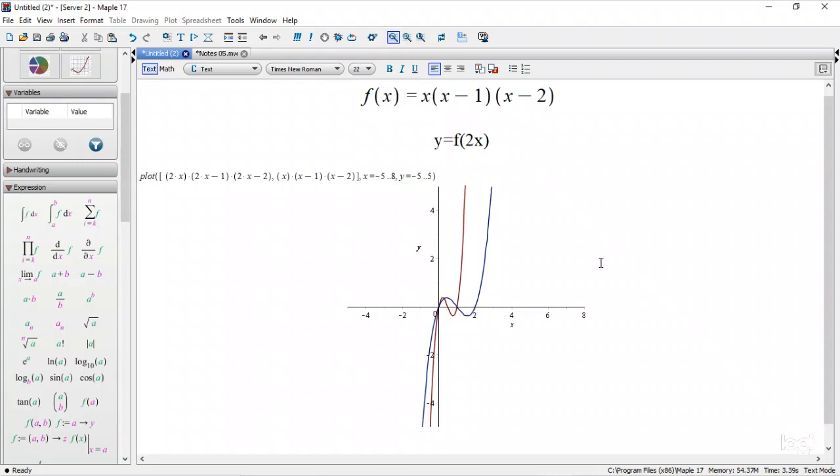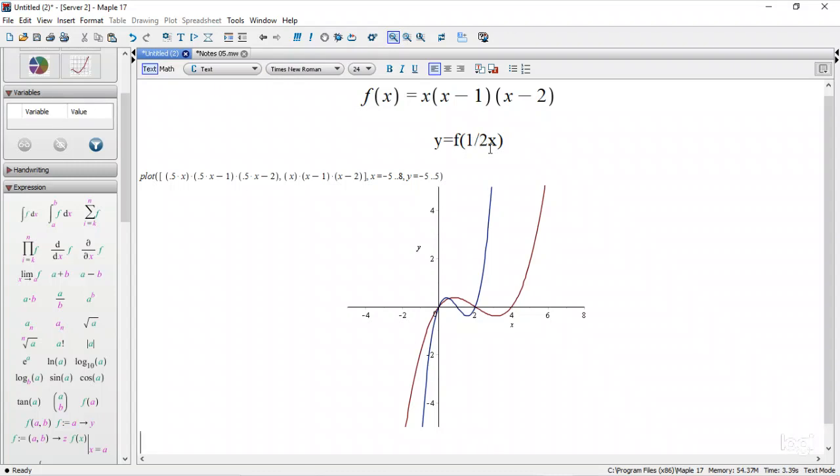So this is f(2x). So what will happen if it is f(half x)? So we'll do the relevant change. So you can see the graph now. The blue is the original one, red is the stretched one.